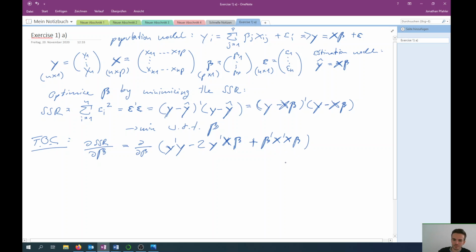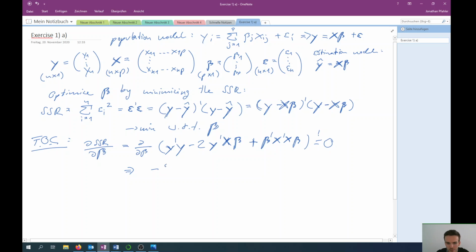Okay, now we set this all to 0, so we will optimize it. And let's take the derivative. So this will be 0, as there's no beta in this term.